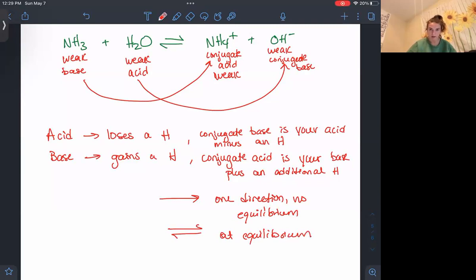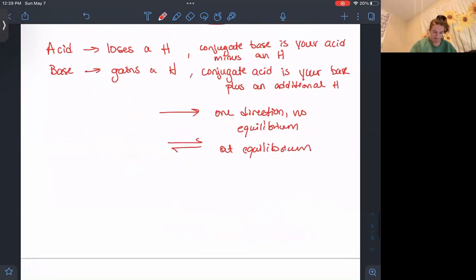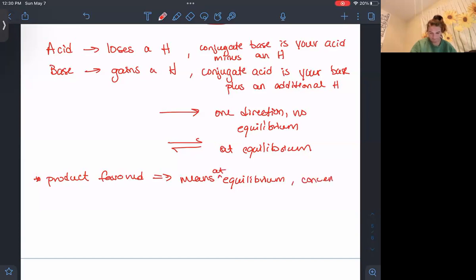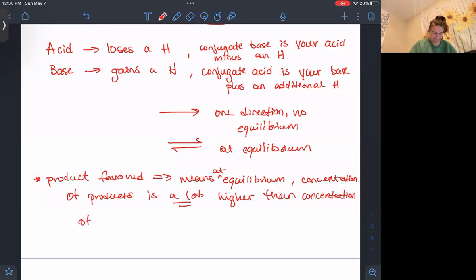If something is product favored, this means at equilibrium, the concentration of products is a lot higher than the concentration of reactants.